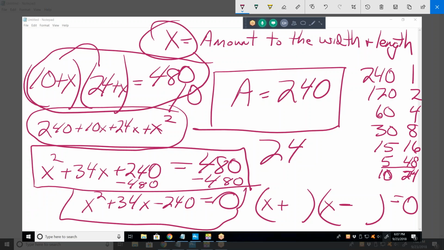Well, how about if I cut the one on the right by half? That makes it 12, and I double that. That doesn't help. It's a different set of factors, but still don't subtract to 34. If I cut the one on the right by a fourth, it turns into a 3. No, that ain't going to do it either.